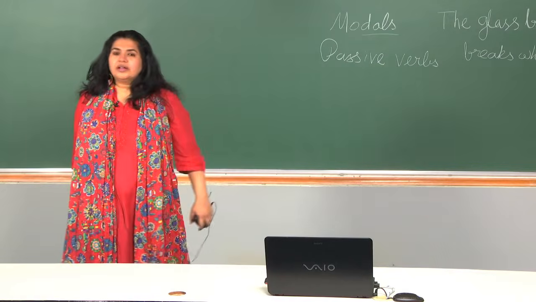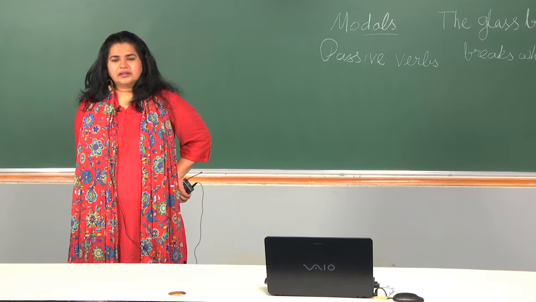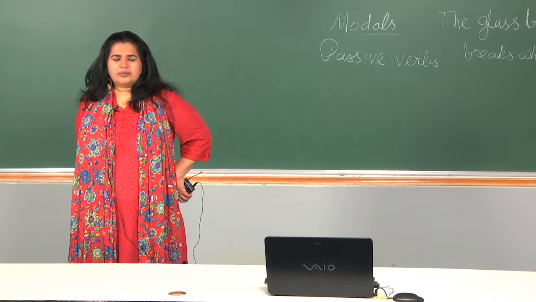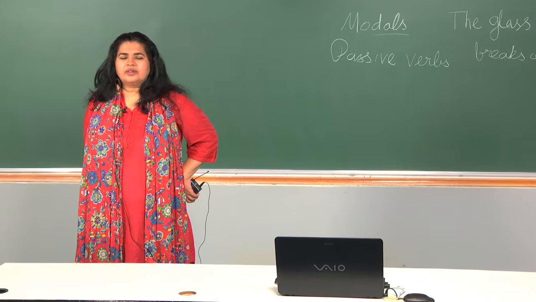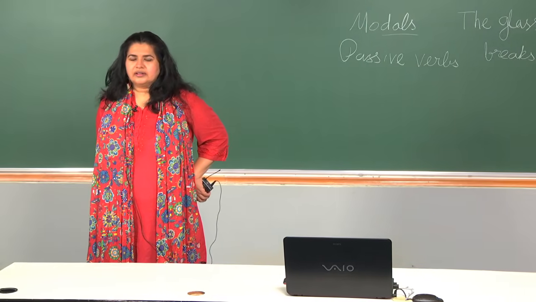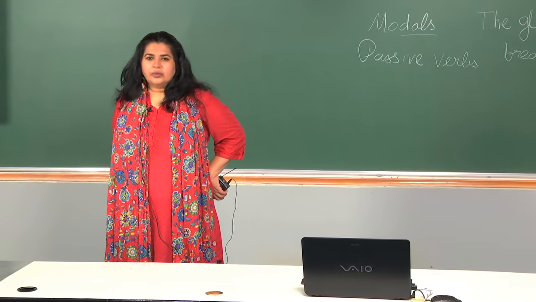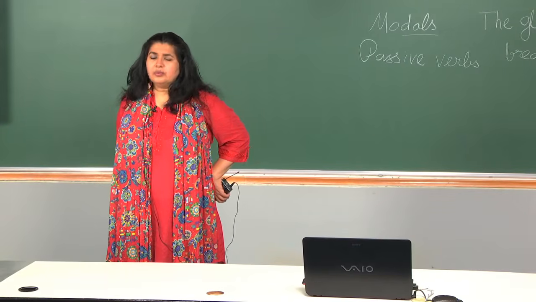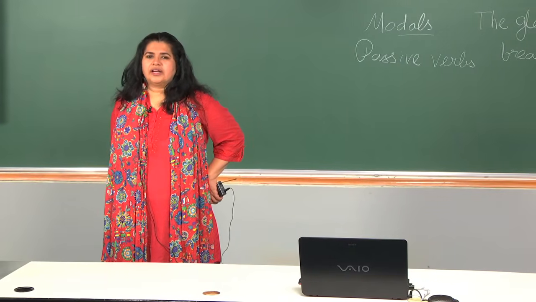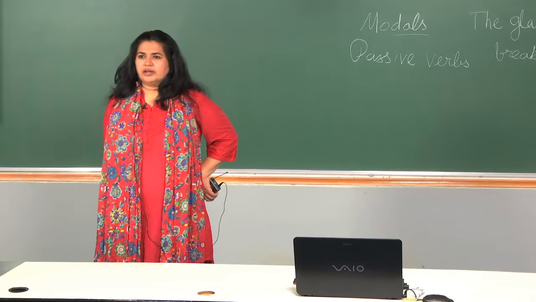For example, the gas is heated, by any experimenter or scientist, but you do not have to say by whom. He is heating the gas has the same meaning, but we use passive in scientific writing to make it more objective and clearer.